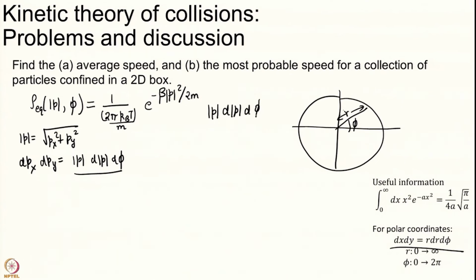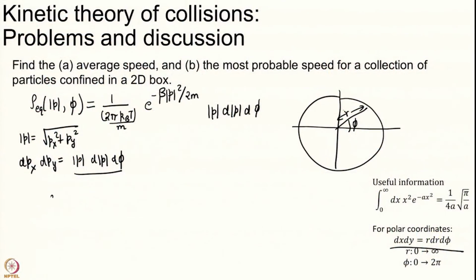Okay. Now, the point is I do not care about phi, I only care about the overall speed, overall momentum. Okay. So, what do we do? We integrate over phi, just like we integrated over theta and phi in 3D. So, this thing I want is integral over d phi.